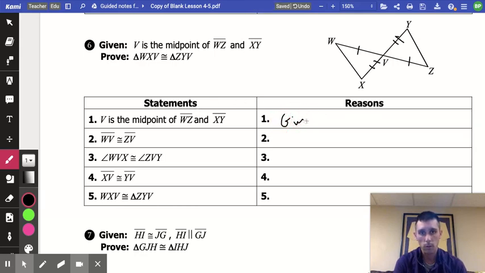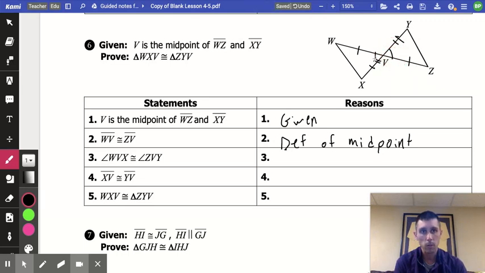That was given to us. How do we know that WV is congruent to ZV? Definition of midpoint. How do we know angle WVX, this angle right here, is congruent to ZVY?